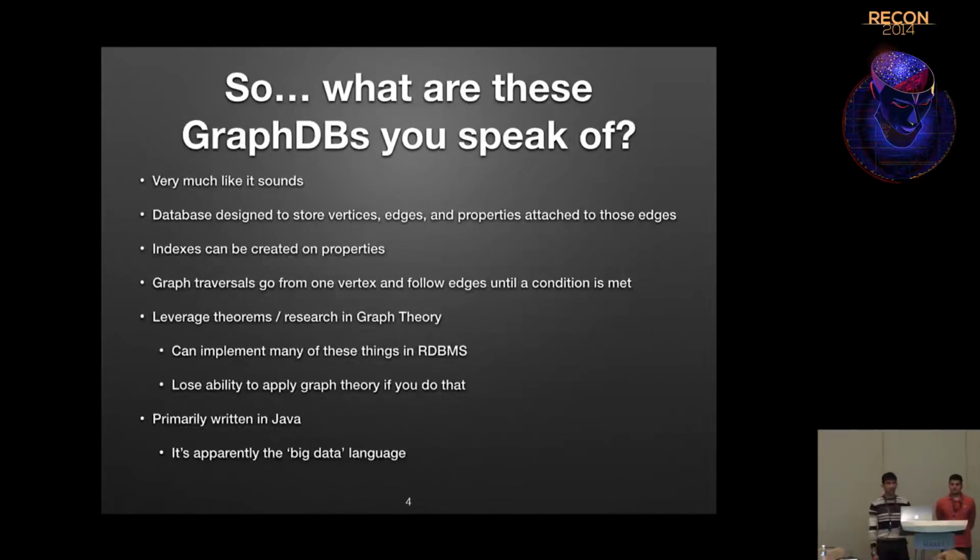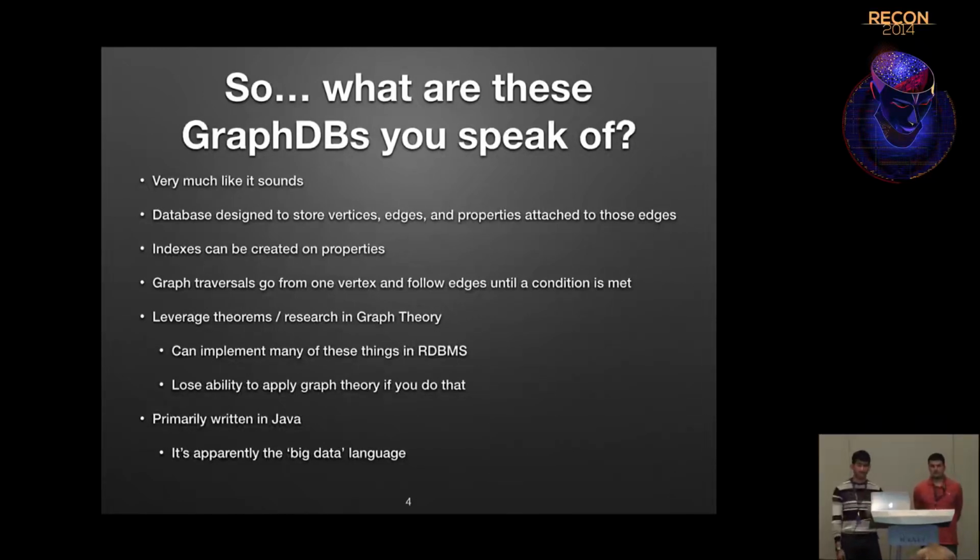You can do this with a relational database, but you don't get the benefit of having all that code written for you. You have to implement all of that on your own. Whereas with a graph database, even if it's implemented on top of a relational database, you get that for you. These are mostly written in Java. For whatever reason, that's the big data language, and that's just something you kind of have to accept.